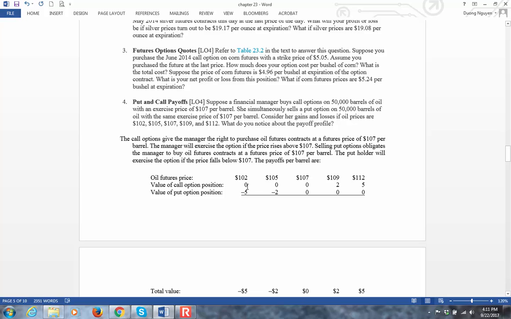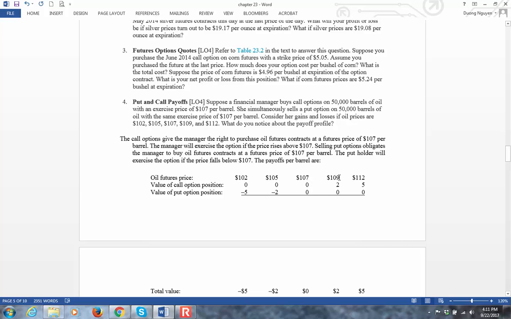Now if the price is 102, obviously the manager will not exercise the call option. The call option will expire worthless, with no value, because the strike is 107 and the market price is 102. Nobody would exercise the call, so the value is 0. Same thing for 105, same thing for 107.